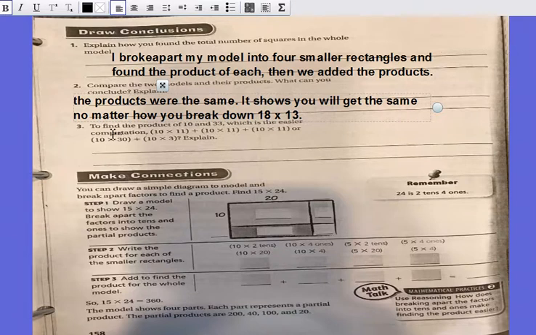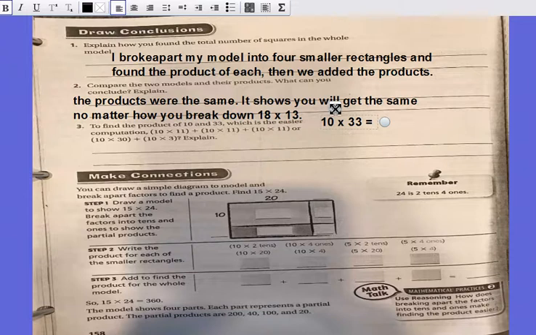Alright, so to find the product of 10 and 33, when they say find the product, that means 10 times 33, which is easier computations. So 10 times 11 plus 10 times 11 plus 10 times 11, because 11 plus 11 plus 11 is 33, or would it be better to just do 10 times 30 and 10 times 3?